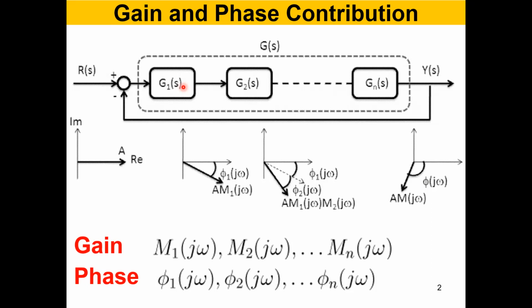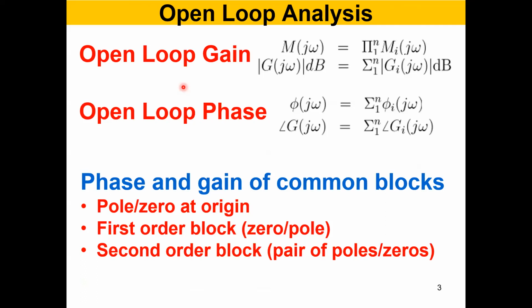So now our way forward from here is to visualize and understand the gain and phase of a pole or zero at the origin, and then the phase and gain of a first order block, zero or pole, and then finally the phase delay and gain of a second order block, that is a pair of conjugate poles or a pair of conjugate zeros.